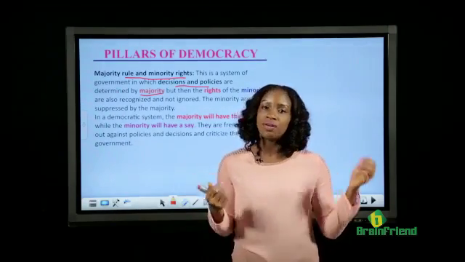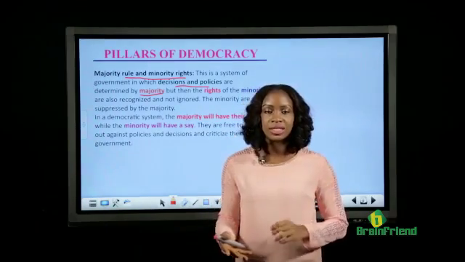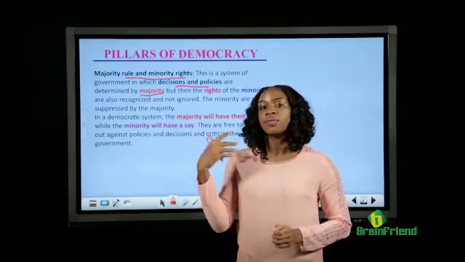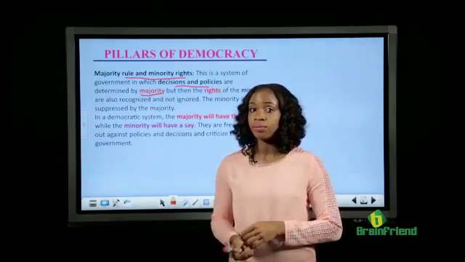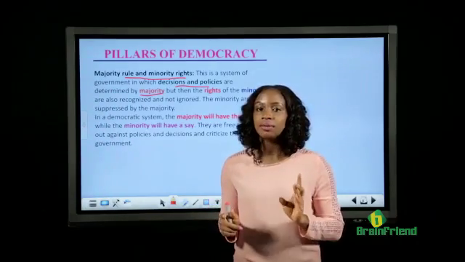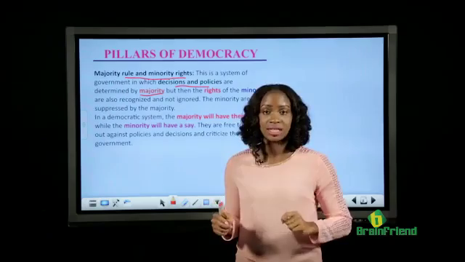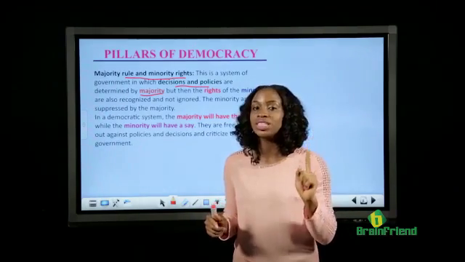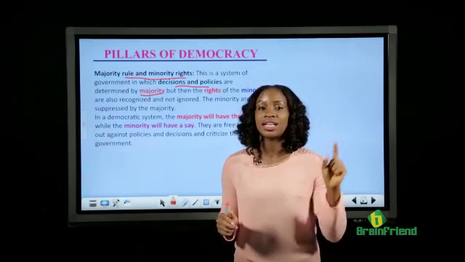For example, we have the PDP party, they have a representative. The APC party, they have a representative. The ABGA party, they have a representative, and so on. Now, everyone cannot have one leader in mind. Out of these different parties and contestants, the one with the majority votes, the one who has the highest number of votes, is chosen as the leader.